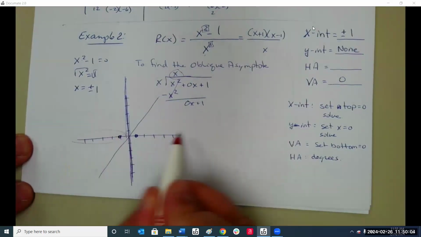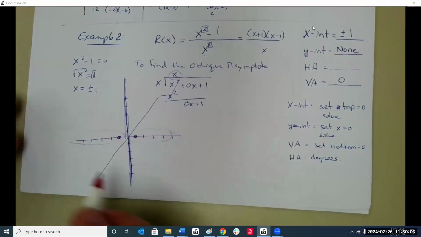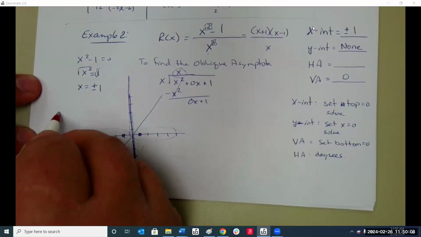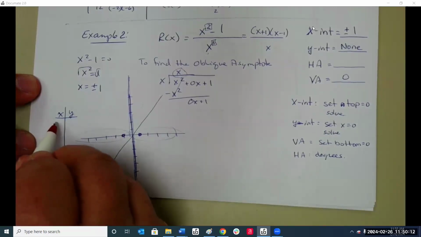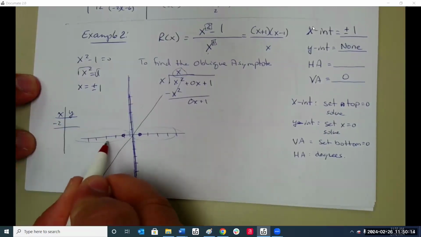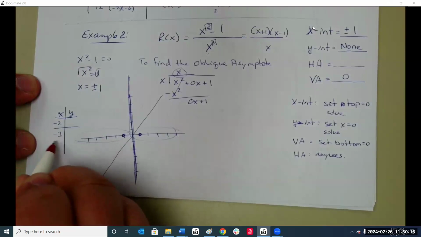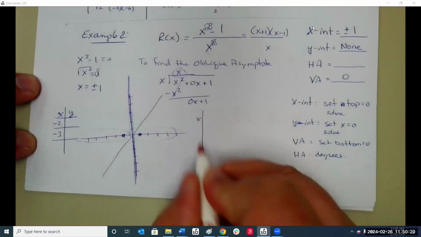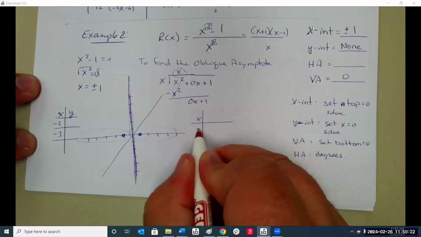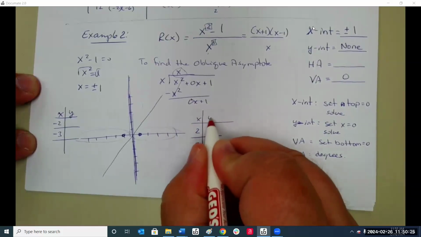We have these points and these points. So try -2, -3. Likewise, on this side, we'll try 2 and 3. If we need more, we'll try them.